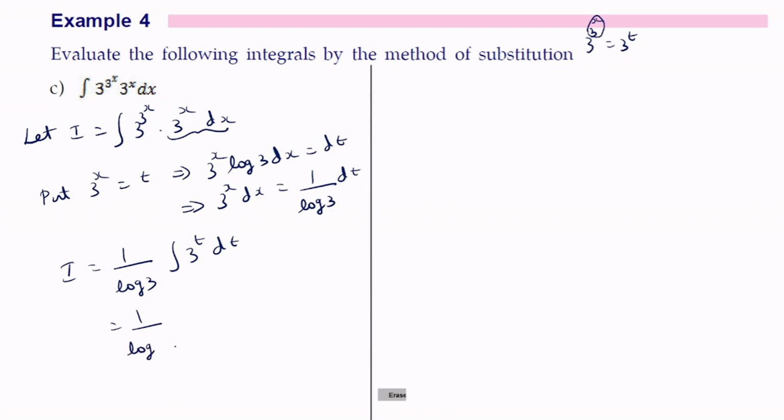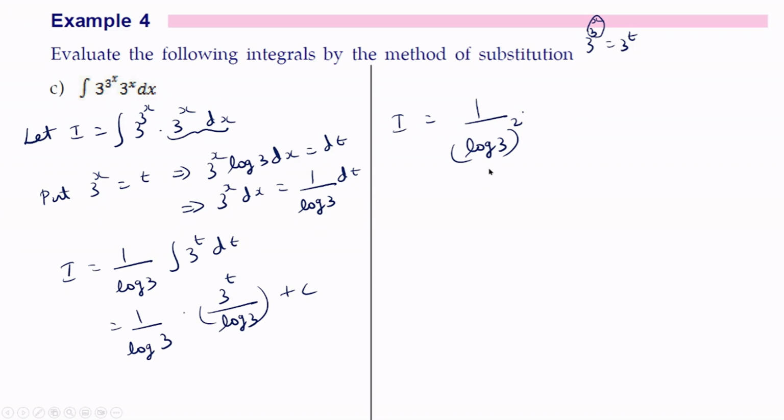Integral 3 raised to t dt is nothing but 3 raised to t upon log 3 plus c. So I is equal to 1 by (log 3) the whole square into 3 raised to t, where t we have taken as 3 raised to x. So it is 1 by (log 3) the whole square into 3 raised to 3 raised to x plus c. So this is the integral of this given function.